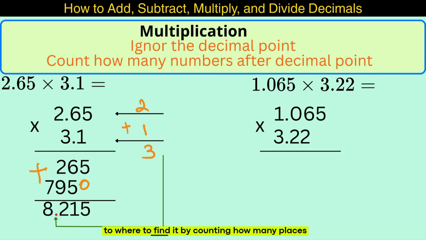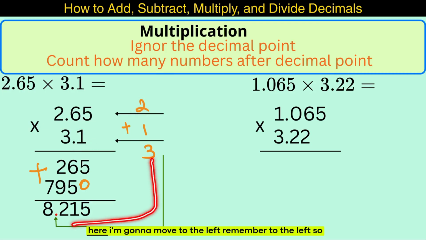Where to find it? By counting how many numbers are after the decimal point in each row. So this row has 2. This row has 1. Add them, give you 3. So here I'm going to move to the left. Remember, to the left.